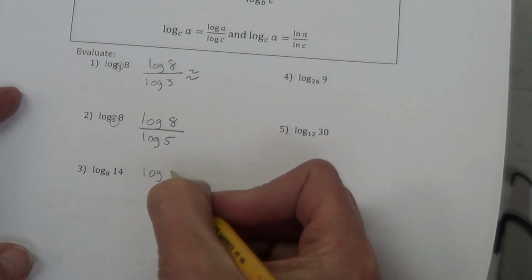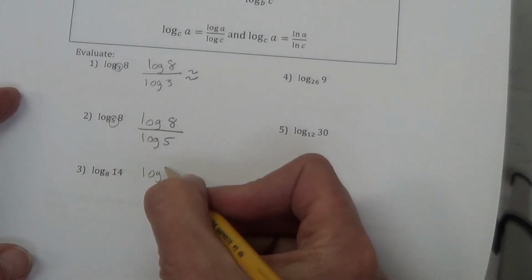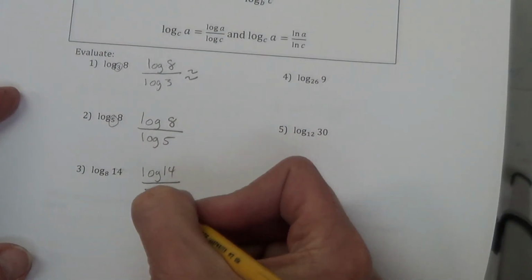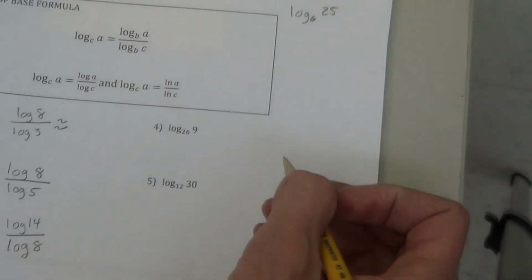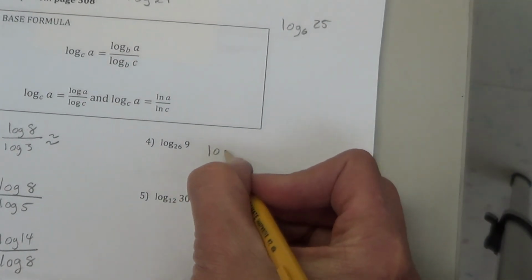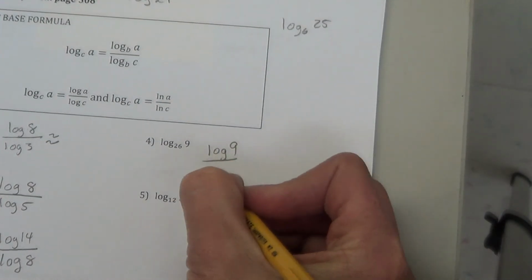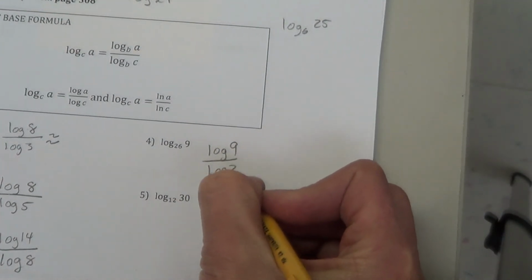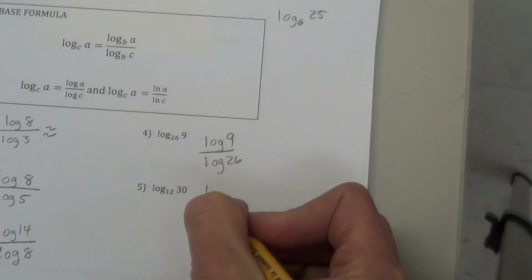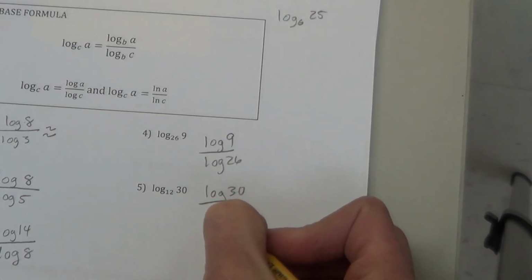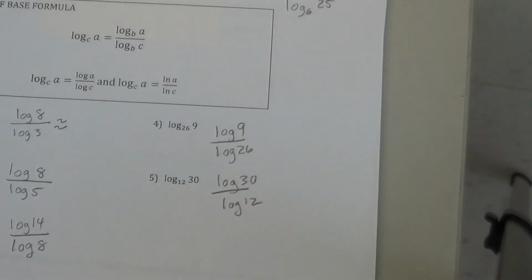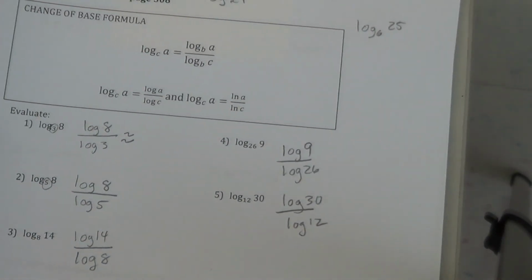Log, higher one is up high, 14 over log 8. Log 9 over log 26. Log 30 over log 12. Okay? And that's actually how you go through and do them.